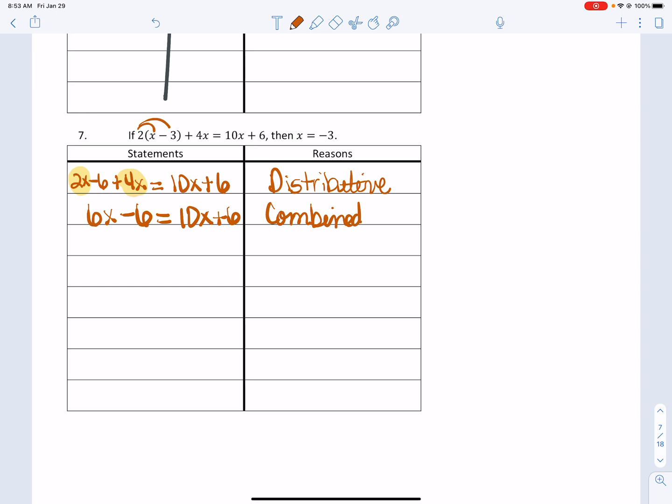Okay, then now from here, you can do a lot of different things. I personally always move my letters to the left, and that's going to make more sense when we get into inequalities. So I always subtract 10x, and so that's going to be a negative 4x minus 6 equals 6, and that was the subtraction property.